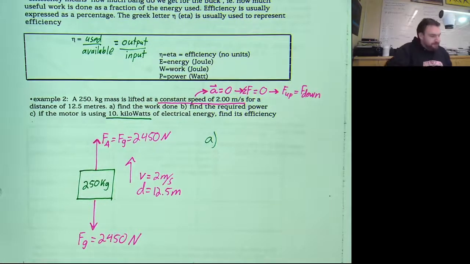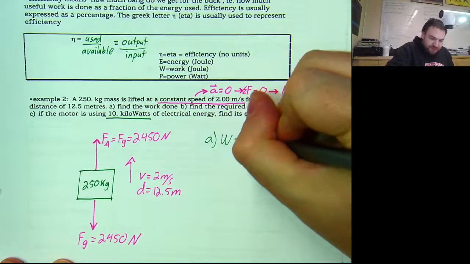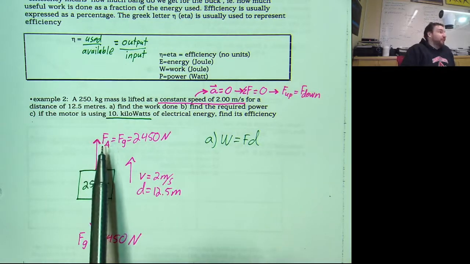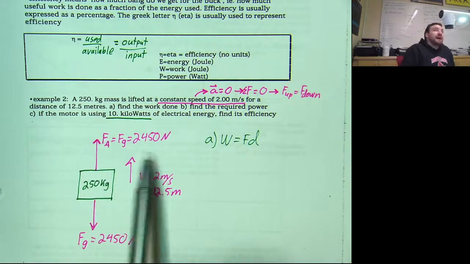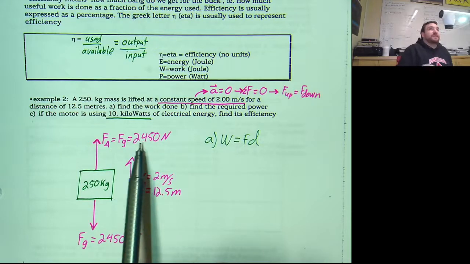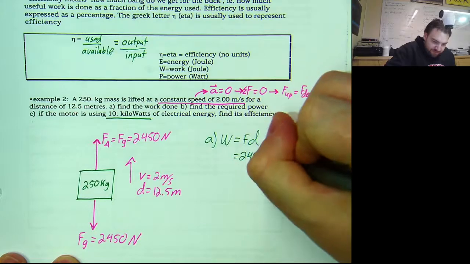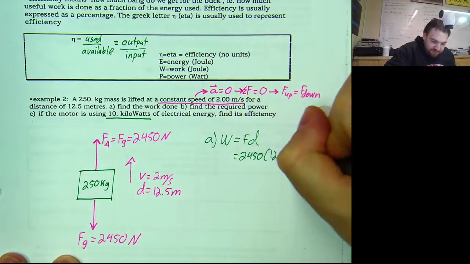So find the work done. Work equals force times distance. Now that we've got the applied force actually doing the work of lifting it, that force is 2,450 newtons. We can just shove that into this equation. Our force is 2,450, and it's being lifted 12.5 meters.